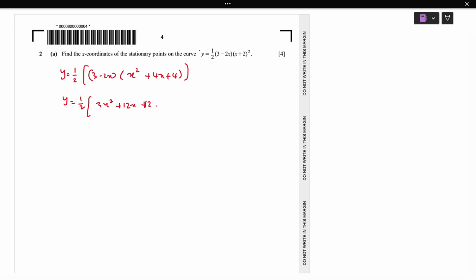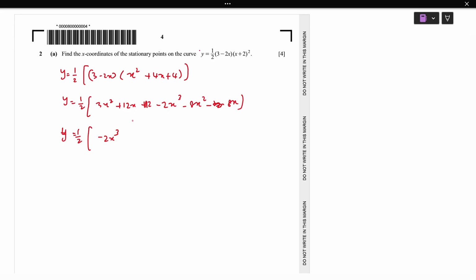Then I'll multiply with a negative 2x with everything, so negative 2x cube, negative 8x square, and negative 8x.